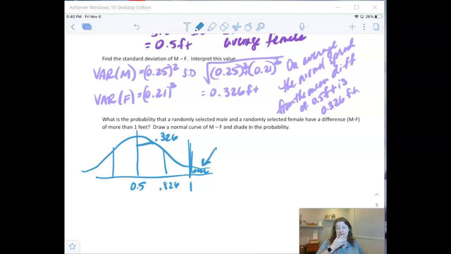Now that is not at a regular standard deviation mark, so I'm going to have to go back to that calculator stuff about normal CDF again. I want to calculate its z-score. The z-score of M minus F is going to be: I'm at 1, the average was 0.5, my standard deviation was 0.326. So this is going to be 0.5 over 0.326.